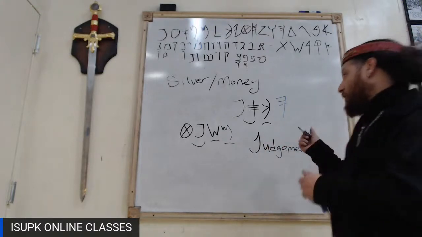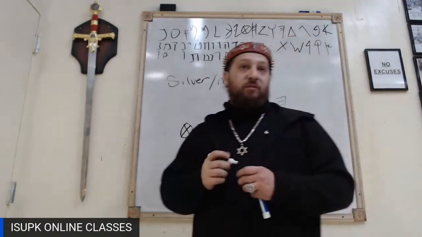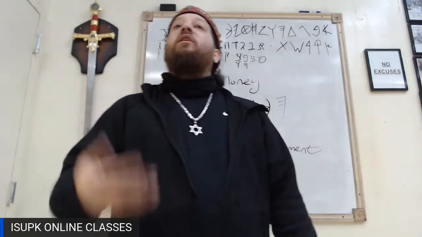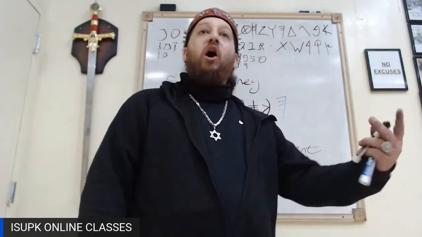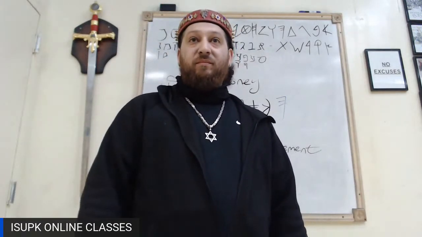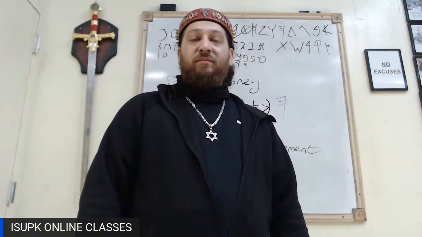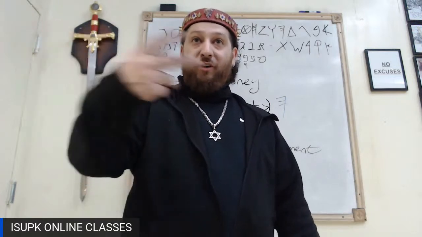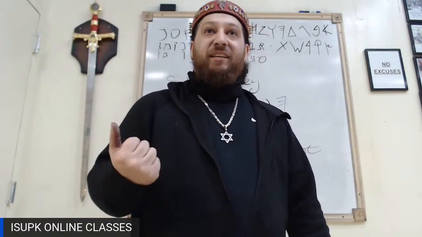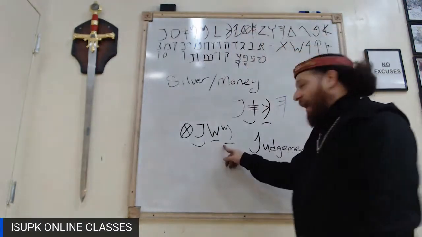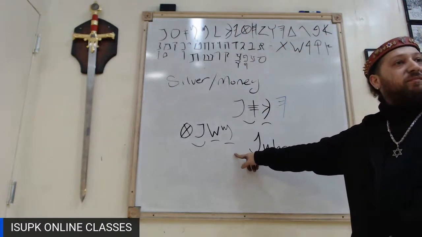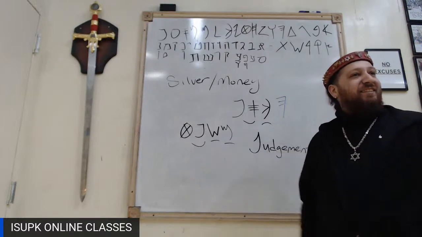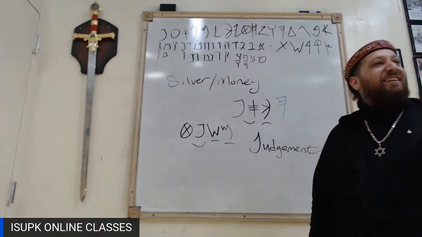Now, remember earlier, what's water? Mayim. What's sea? Yam. Where does water come from? The sea. Mayim, from the sea. Where does judgment come from? A judge. From a judge. Mishpat. Sick, right?